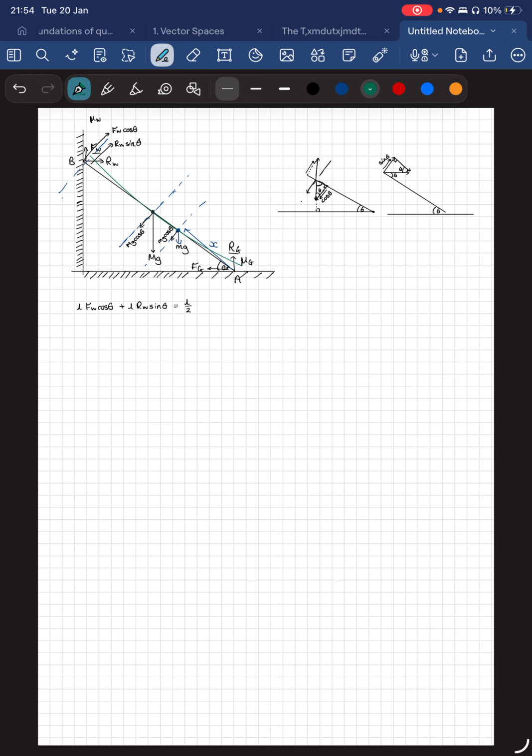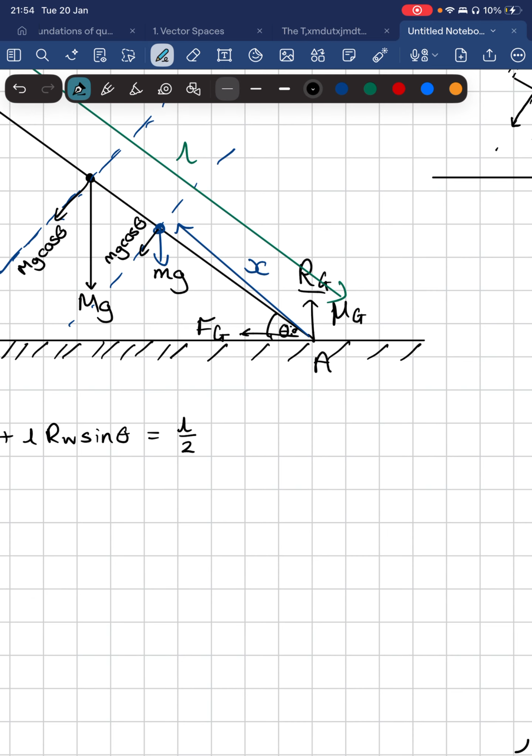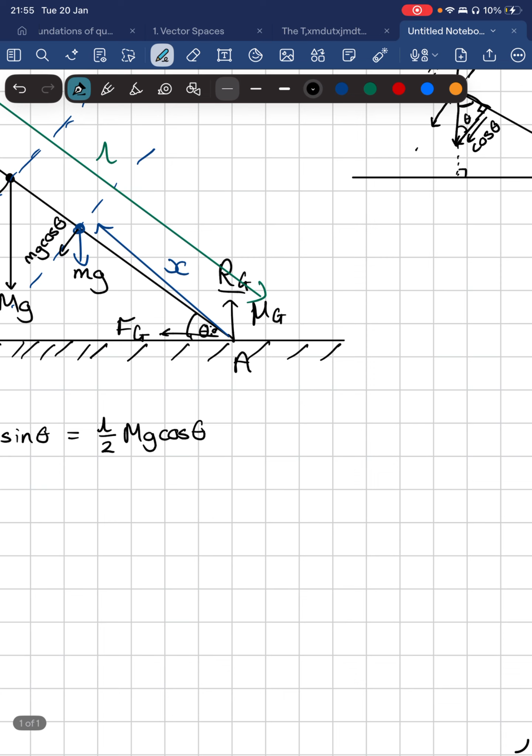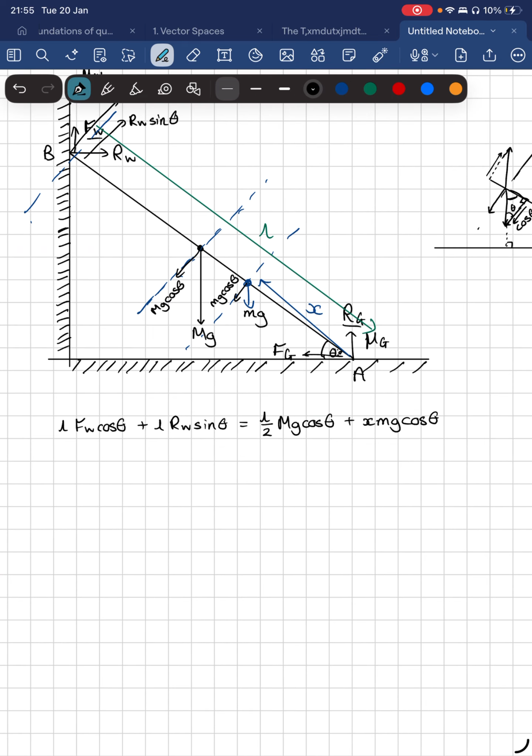It's getting a little bit scrappy. But this whole thing is a length L. So this is L over 2 mg cos theta, and this thing here is x times mg cos theta.